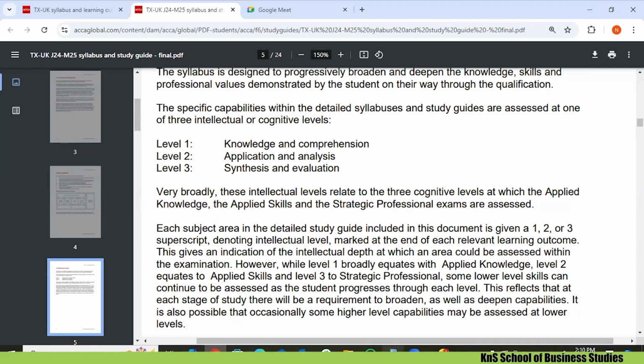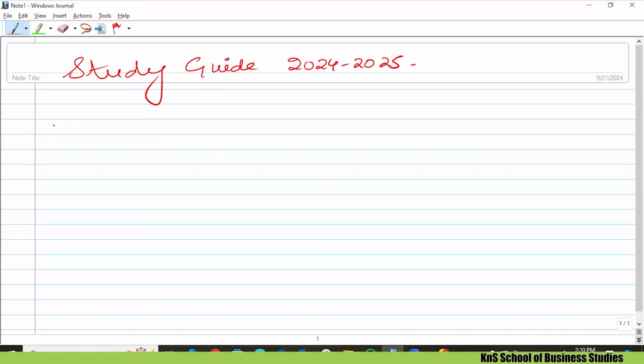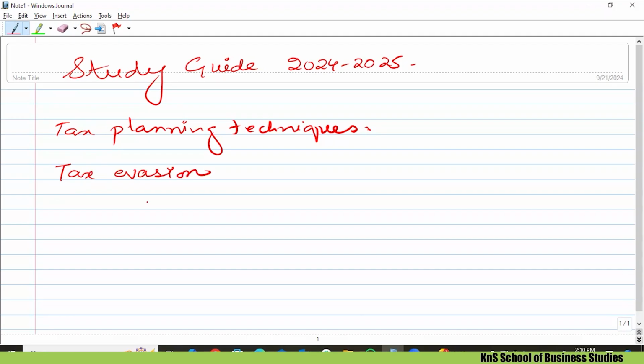Now let me share some of the tax planning techniques. Number one, let me give you a situation. First of all, let me introduce you to two terminologies. One thing we call tax evasion, and another thing is called tax saving.